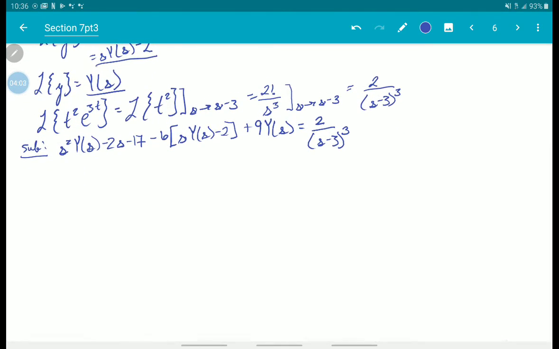So let's work this out. Remember, the goal is to solve this for y of s and then take the inverse Laplace. So we're going to do some fancy math here. Let's distribute that negative 6.